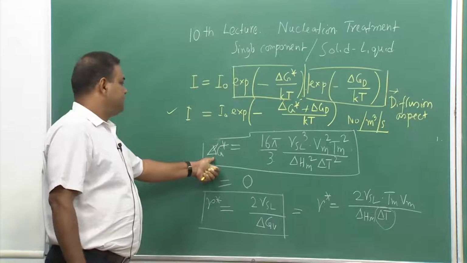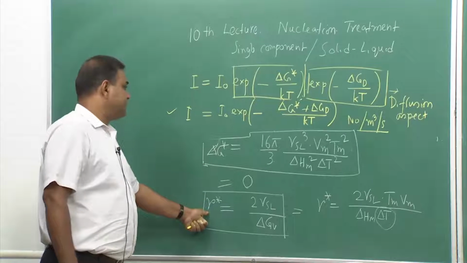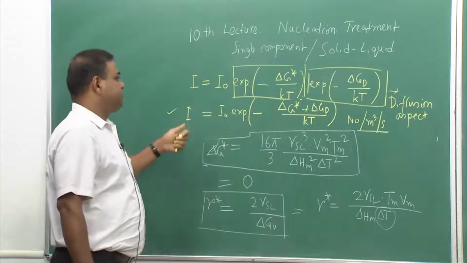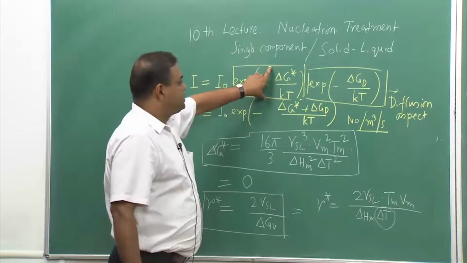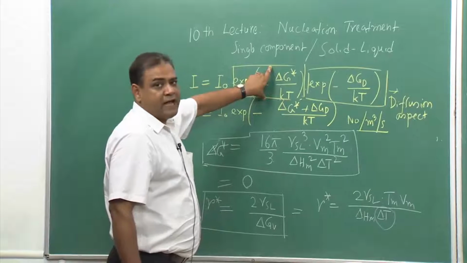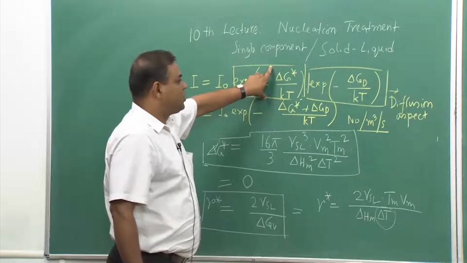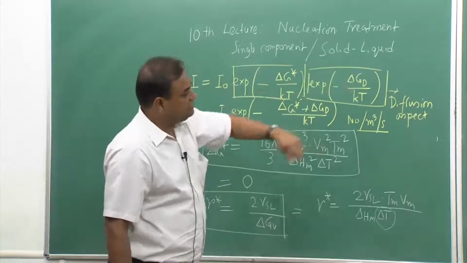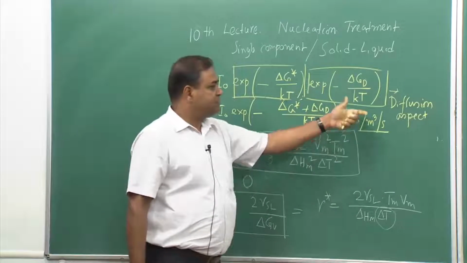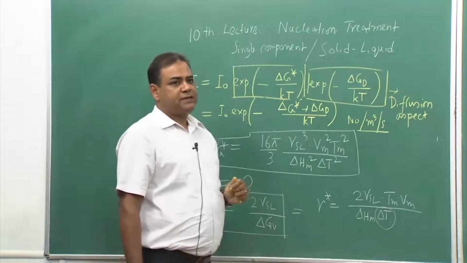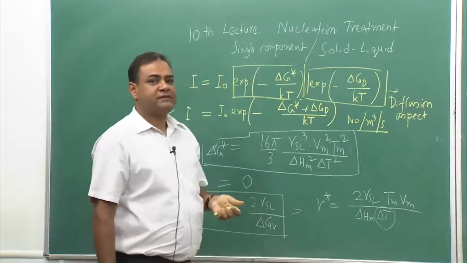critical nucleation barrier or activation energy, this is critical size, this is nucleation rate, where this term is taking care of taking the liquid atoms in the form of solid sphere to the top of that particular hill, and this part is taking care of the second event, where one liquid atom is added to the solid surface in order to make it stable.